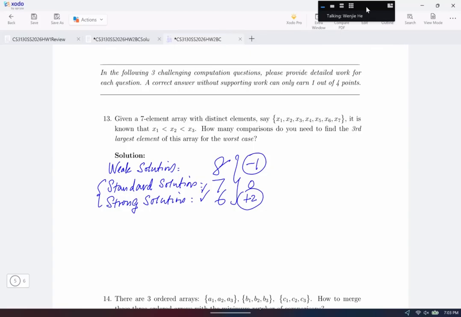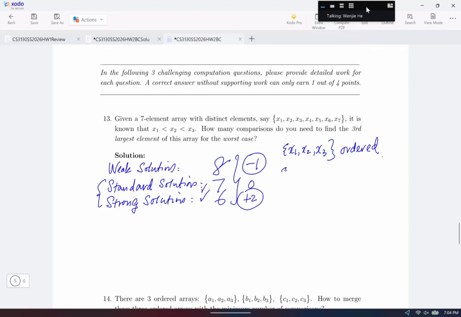All right, so let's look at the weak solution. Usually we can use some simple techniques to solve it easily. So that's usually the weak solution. All right. The first subarray, x1, x2, x3, is already ordered, so we leave it there.